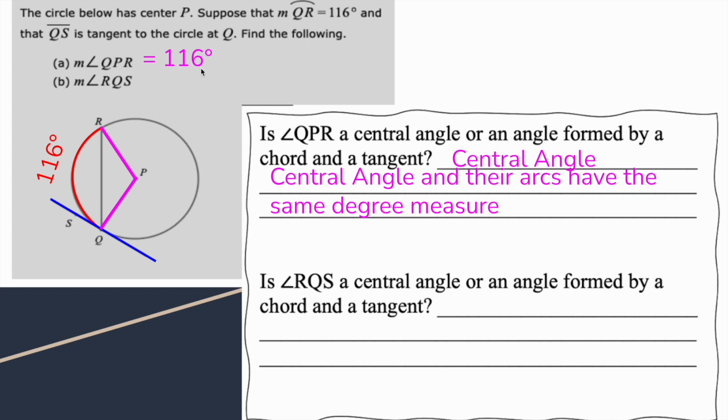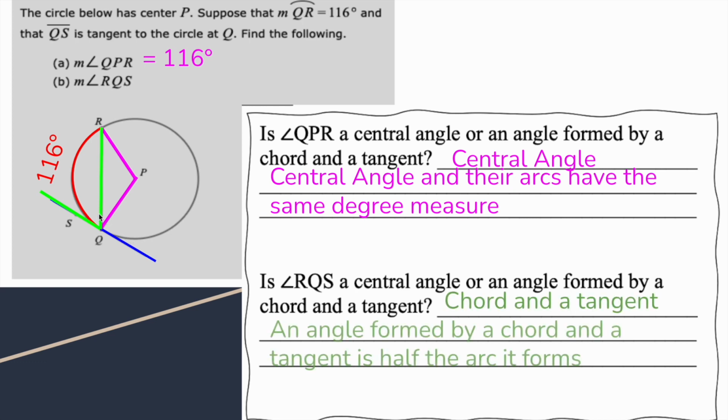It's 116 degrees. So now if I look at RQS, that's this green angle here that I just highlighted. So now I want to know, is angle RQS a central angle or an angle formed by a chord and a tangent? Well, we can see that here's a chord, and this green part is covering up part of the tangent there. So it's definitely a chord and a tangent.